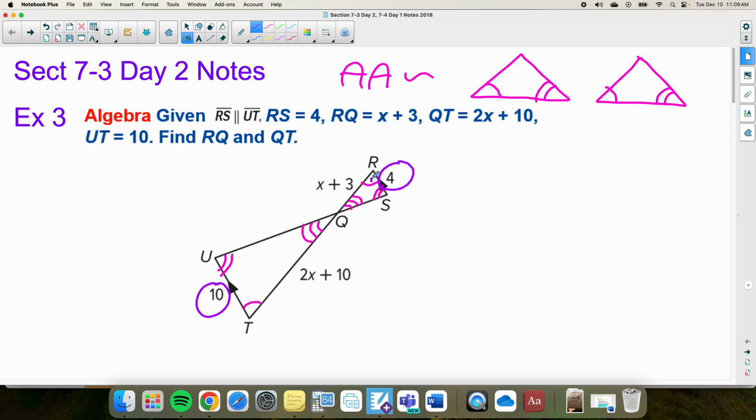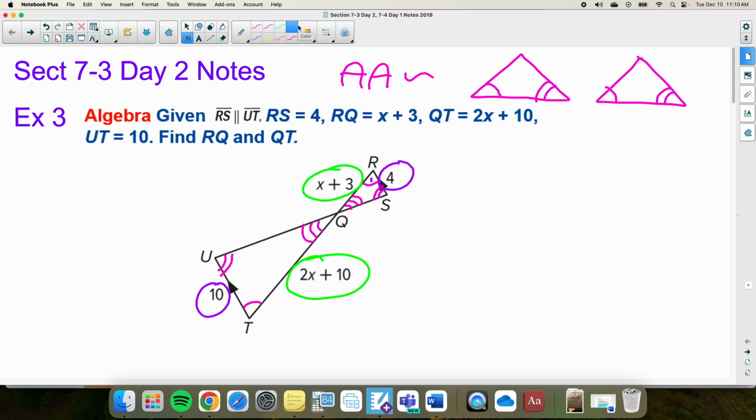I was telling you guys yesterday, if I was just starting this, I would always think these 2 sides correspond and these 2 sides correspond, but when these 2 lines are parallel, it's actually the opposite ones that correspond. So this one and this one correspond. They're both between an angle with 1 arc and 3 arcs, okay?